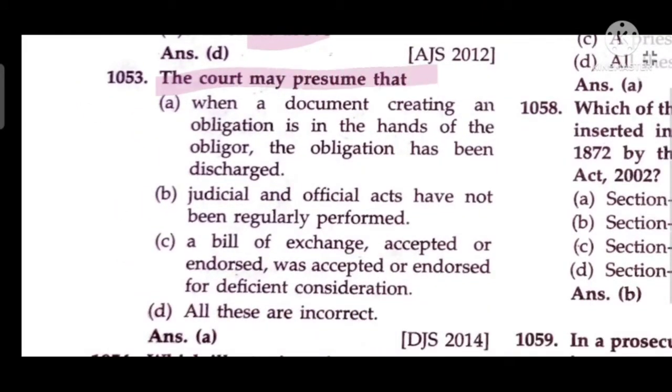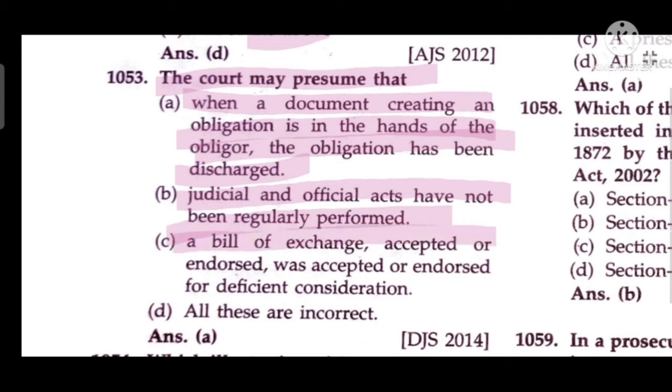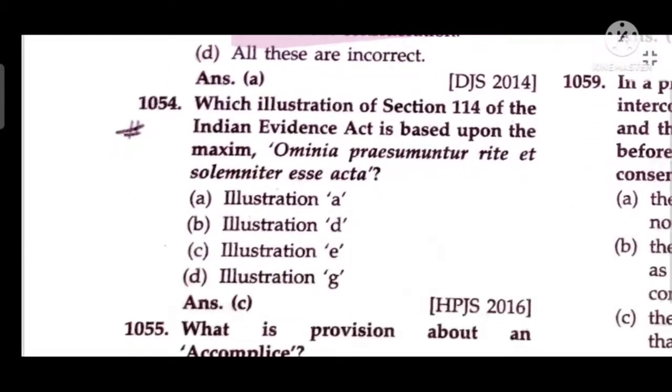The court may presume that when a document creating an obligation is in the hand of the obligor, the obligation has been discharged. Judicial and official acts have not been regularly performed. A bill of exchange accepted or endorsed was accepted or endorsed for a deficient consideration.